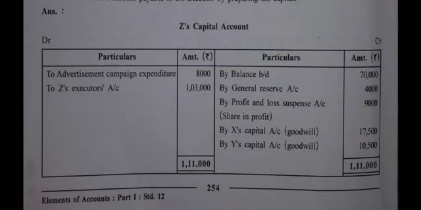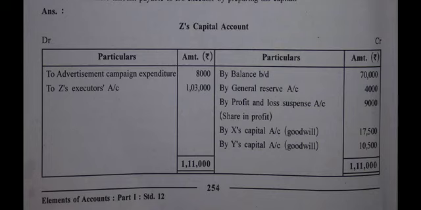In partner's capital account, it is the closing capital, closing balance of capital. And in case of retirement, it is to be paid either in cash or to be kept as a loan. But here the partner has died, so the amount of difference to be transferred to his executor's account because Z is no more.